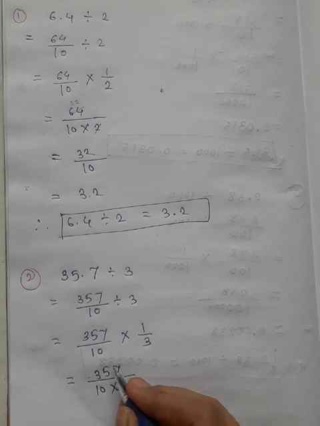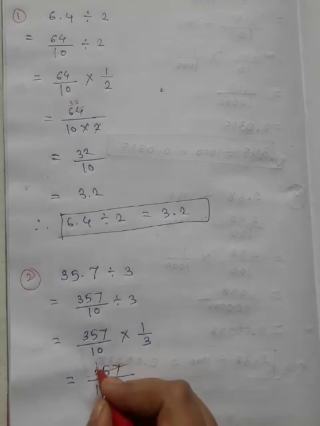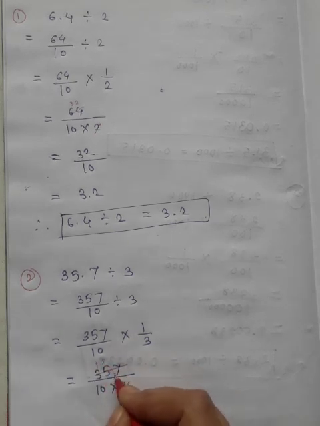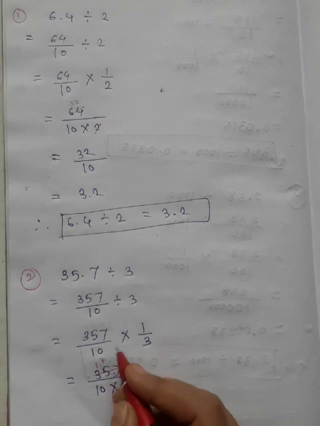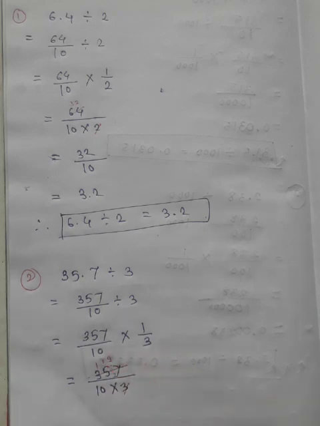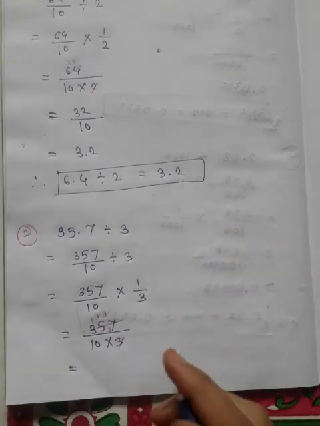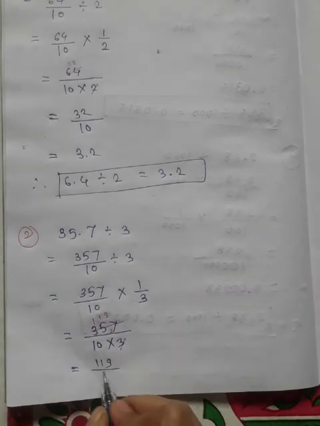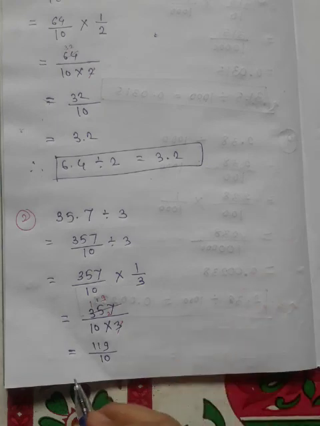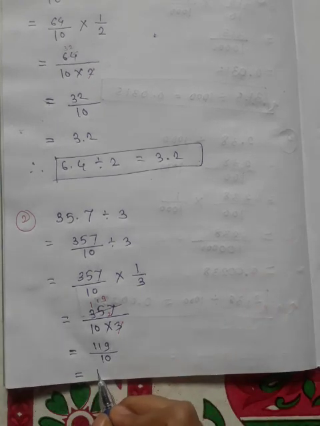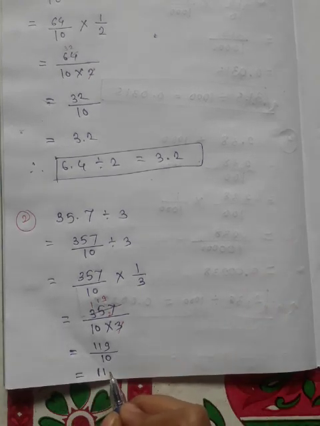Now divide 357 by 3. So what will we get? Division: 3 ones are 3, 3 ones are 3, remainder 2, 3 nines are 27. So in the numerator what remains? 119, and in the denominator 10, and we know 119 divided by 10 means 11.9.